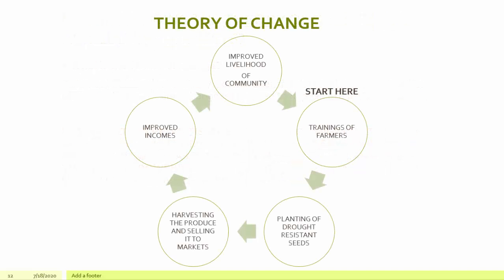So I've given an example in this image just so that you fully understand what I am talking about. A project may be designed in such a way. First of all, before you design a project, you obviously want to identify the problem that a community or farmers are facing.